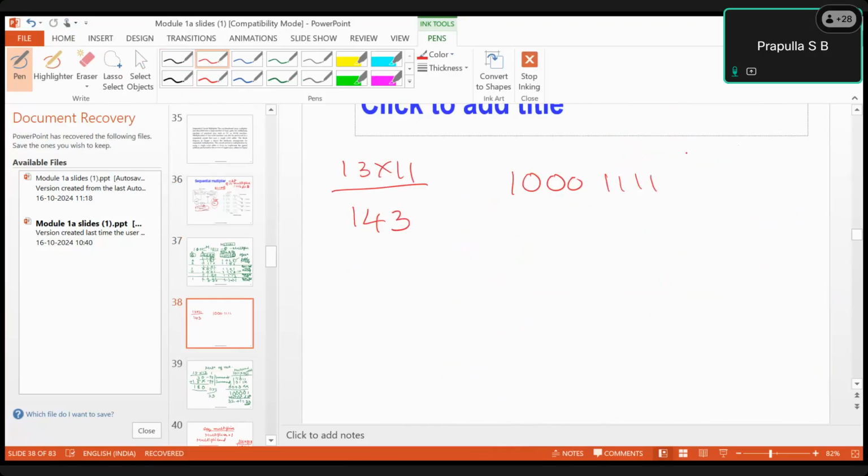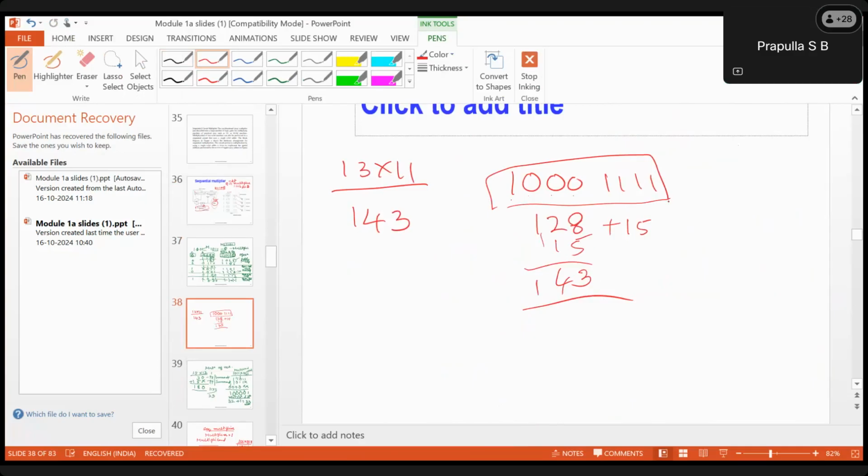Because there are 4 bits in my multiplier. So what is the answer here? 15 plus 16 is not there, 32 is not there, 64 is not there, this is 128. 128 plus 15, you just add and check whether our answer is correct. 143. It is absolutely right.